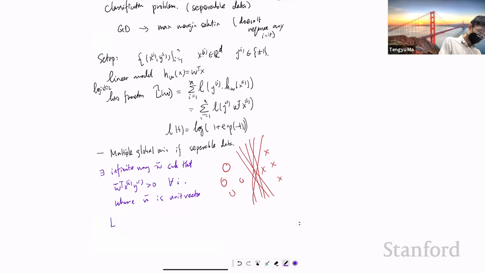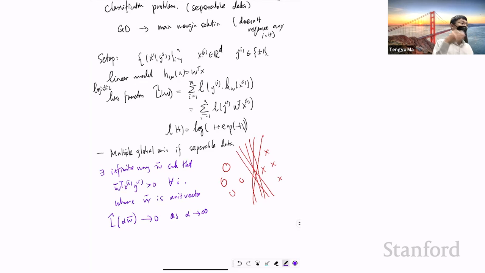So for any W bar such that this holds, if you look at L hat of alpha W bar, it will go to 0 as alpha goes to infinity. Any scaling of this unit separator, if you scale it extremely, the loss goes to 0.